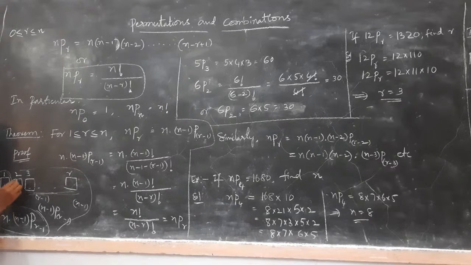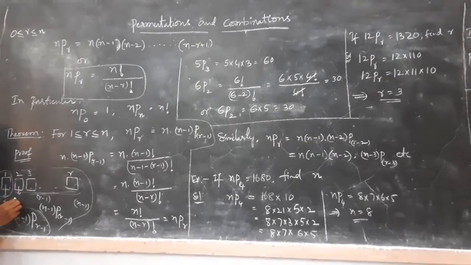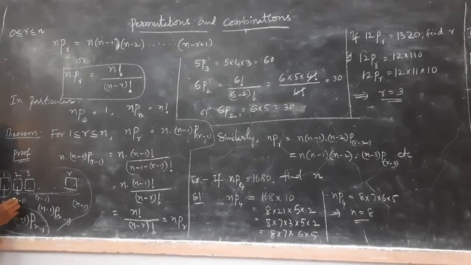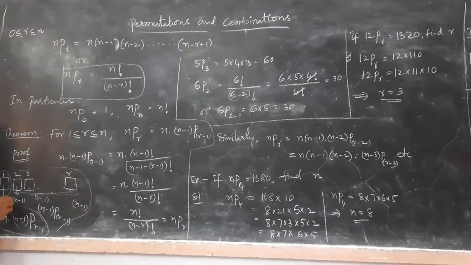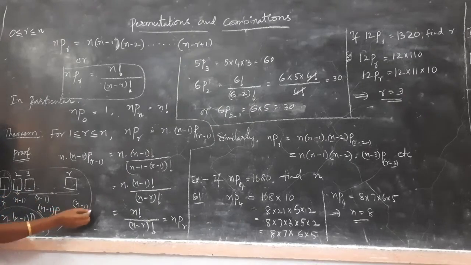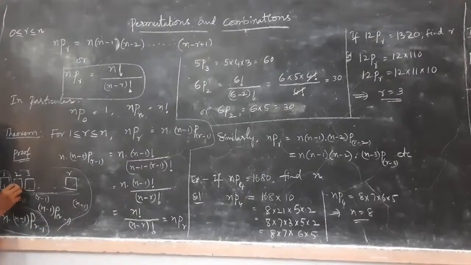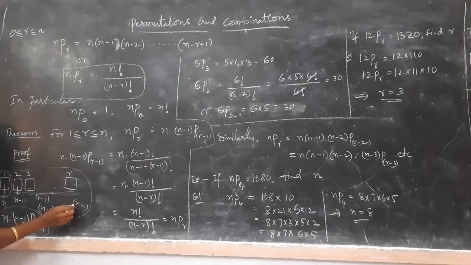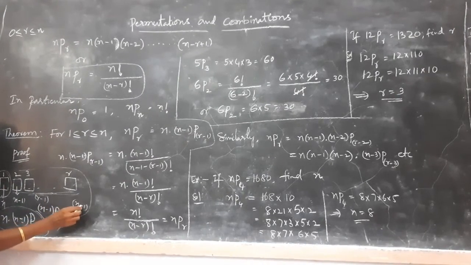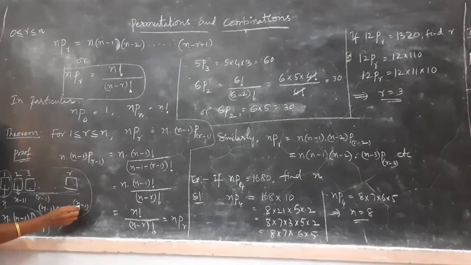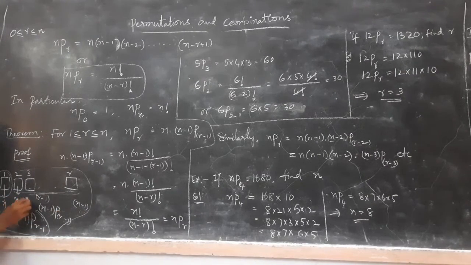So how many ways can you fill the second blank place? So n minus 1 ways. So one thing is used. How many things are left over? N minus 1 things. We have to fill the second blank place using n minus 1 dissimilar things. So this can be done in n minus 1 ways.